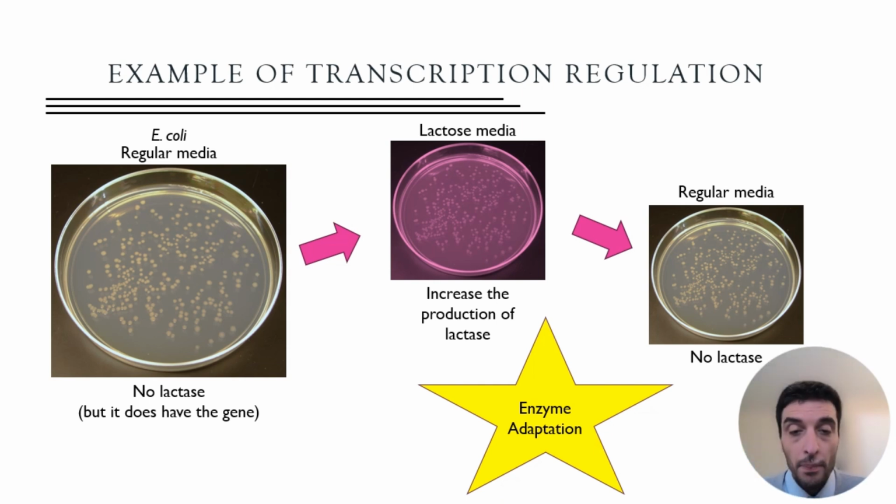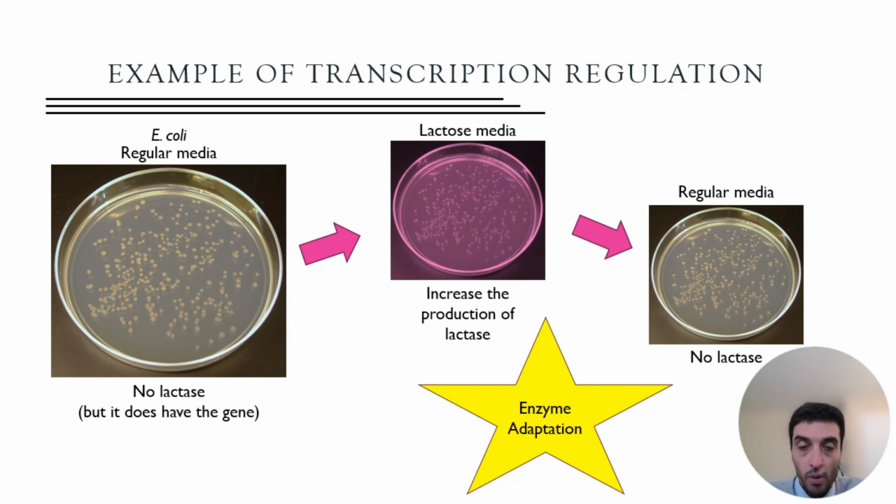So let's see some examples here. One very important example that you can see is one that's very, very common. It's well studied as well. It's from an already 70-year-old experiment with E. coli. So in general, E. coli grows in common media, like agar media, that's very bland and has almost no nutrient.